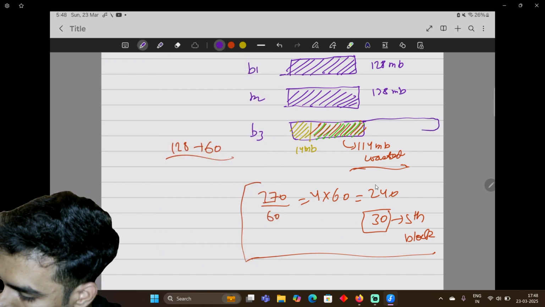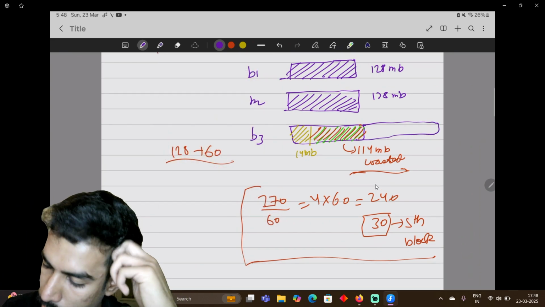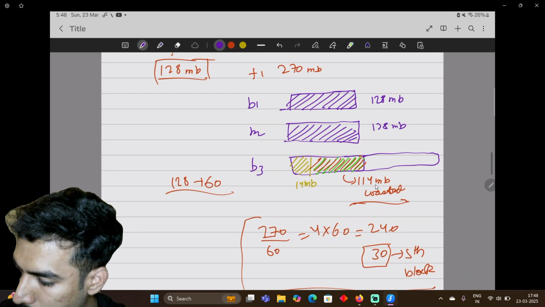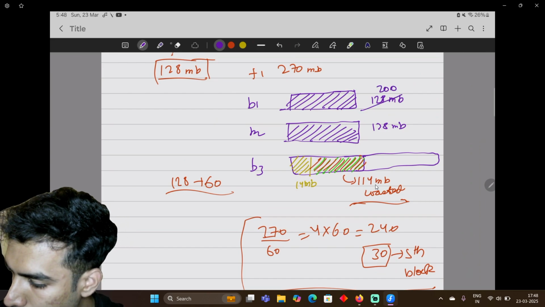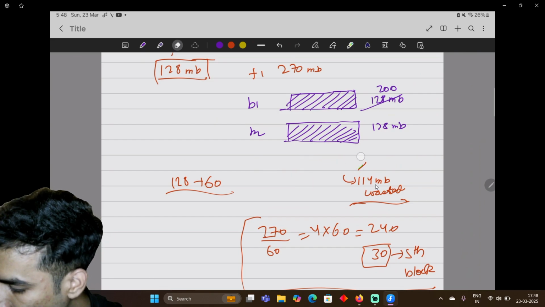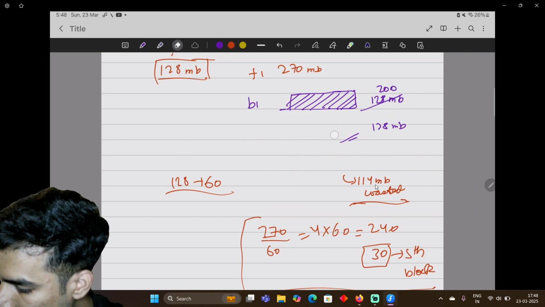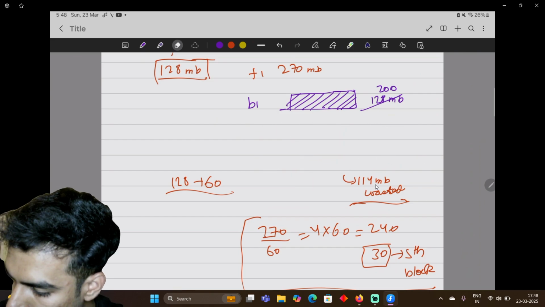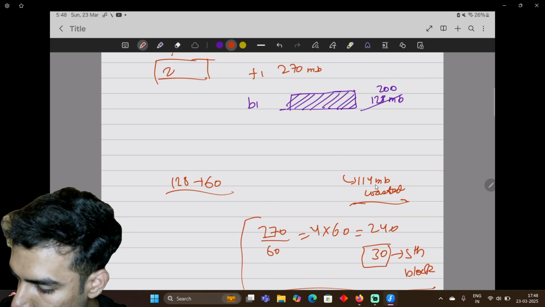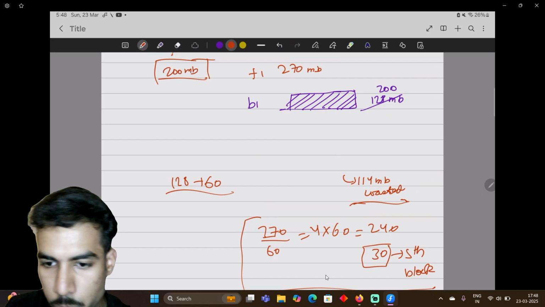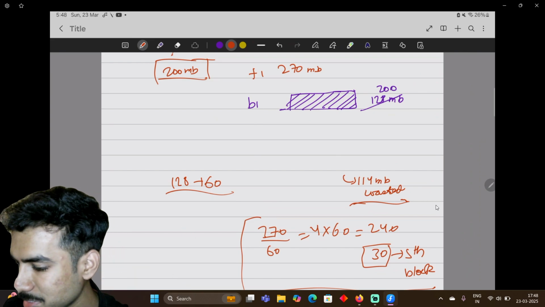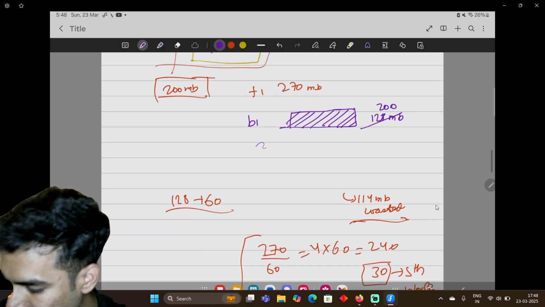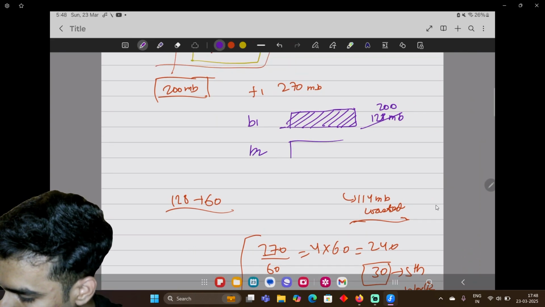Instead of 114, now let's say you are doing 200. First of all, there will be no B3. If my default block size is 200 instead of 128, there is no B3. Sorry, this video went long a little bit. Now B2, what happens with B2?